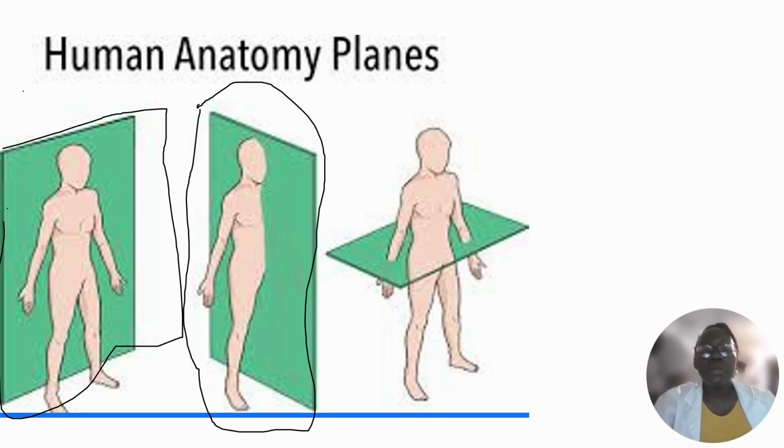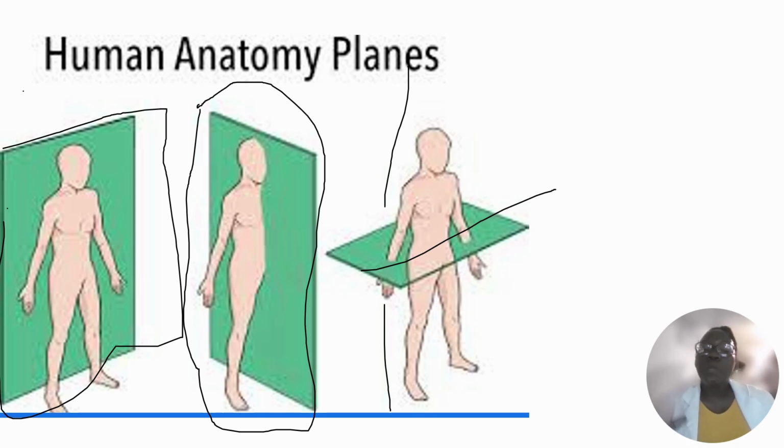The transverse plane divides the body into superior and inferior: superior toward the head and inferior toward the feet. This is designed to pinpoint exactly where organs are localized.